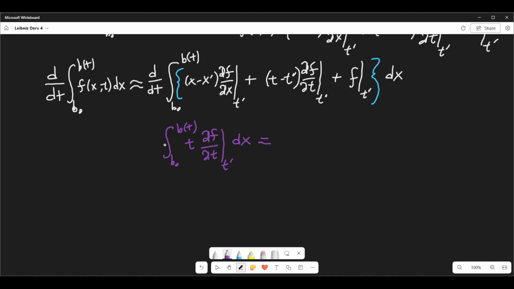Since this is integrated over x and not t, the t can actually move out of the integral without this being a problem. So this ends up being b of t, and then df/dt evaluated at t naught.